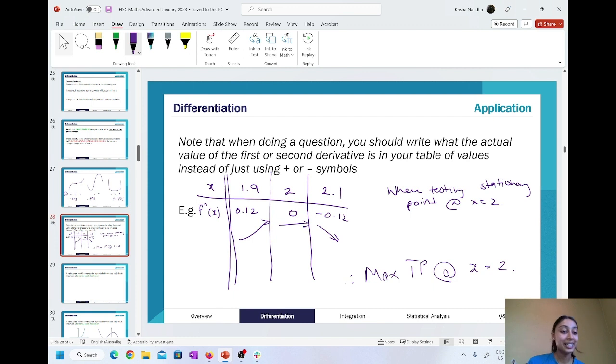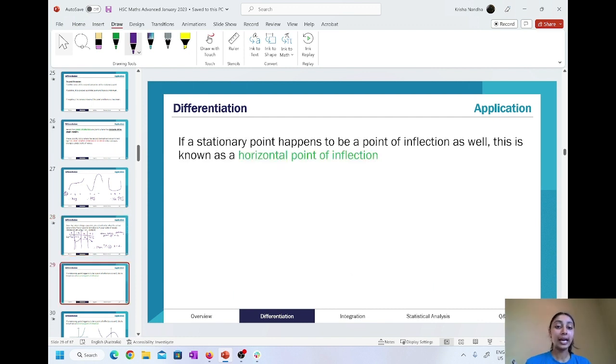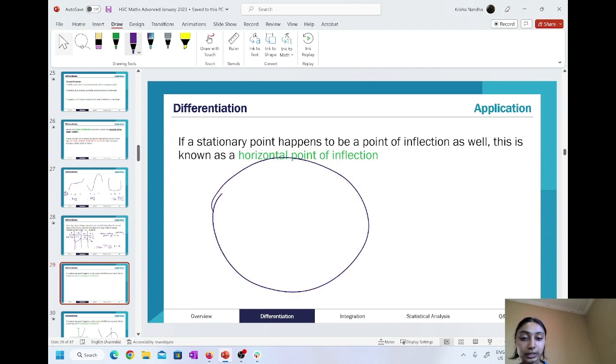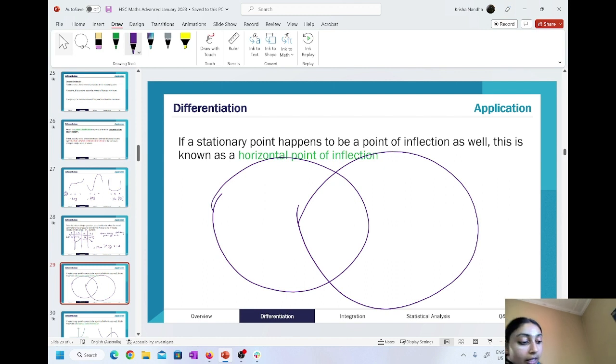Then we have if a stationary point happens to be a point of inflection as well. As I was saying before, it's a horizontal point of inflection. And I'm going to draw a nice Venn diagram to put it all together. One circle, another circle. Now this is dy/dx is equal to 0, and this is d squared y dx squared is equal to 0.